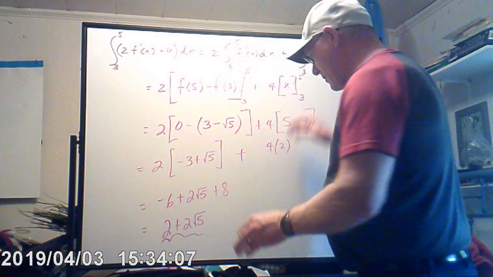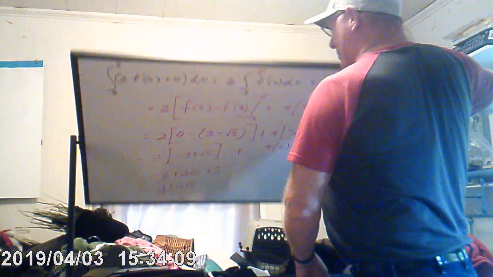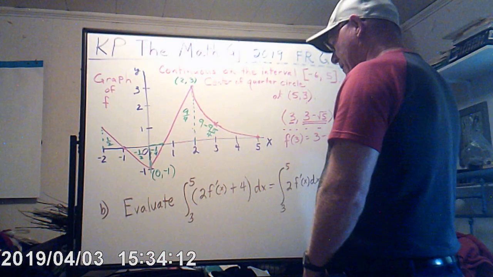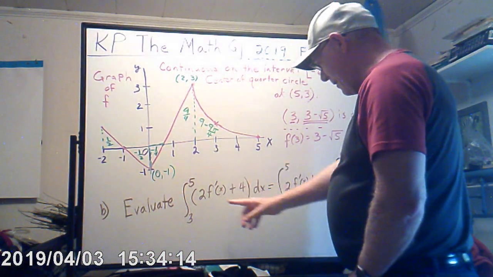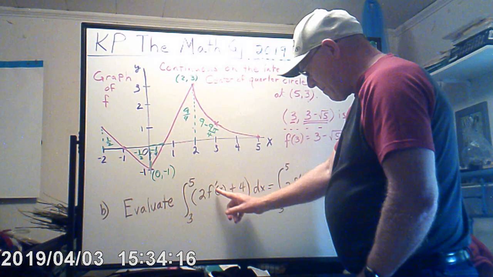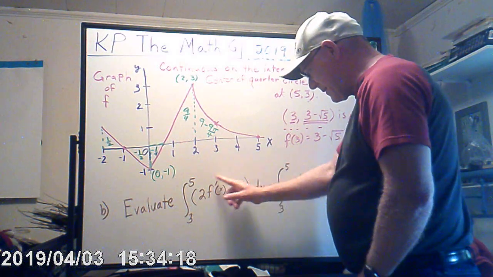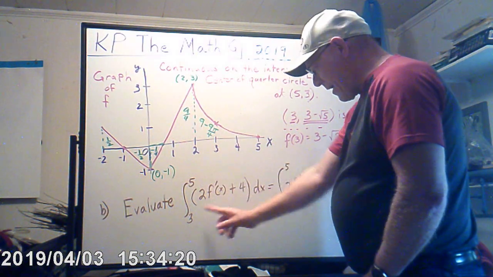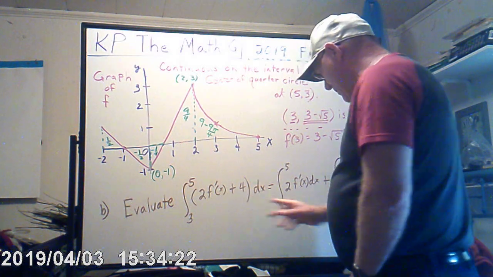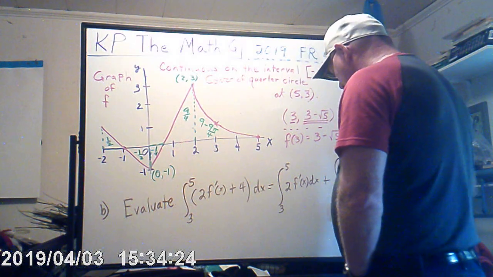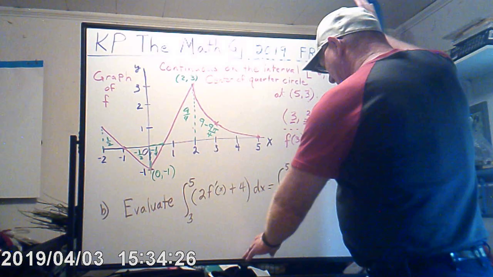But as a quick review before we stop this, you had to do this f prime at x, f at 5 minus f at 3, and then this here. Again, you could put it all together, but I decided to separate that.